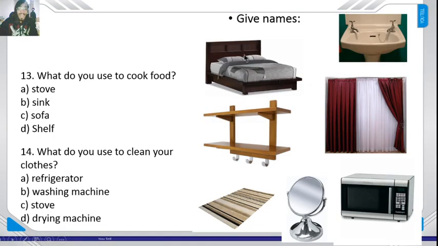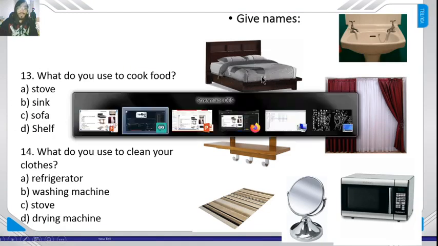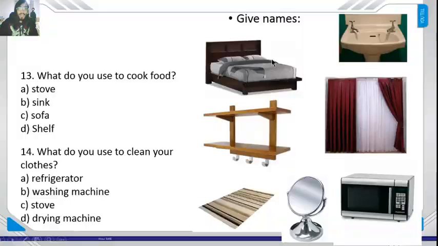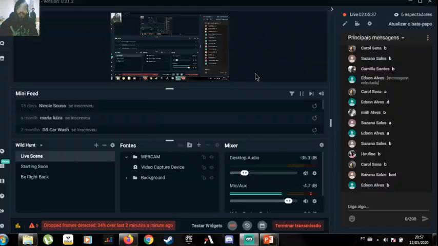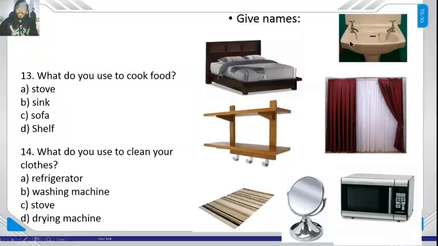Bed. Very good. Bed. And the second picture, this one here, which I'm pointing, how can I call it in English? What is the name of it in English?